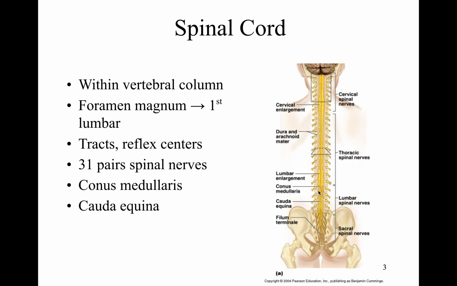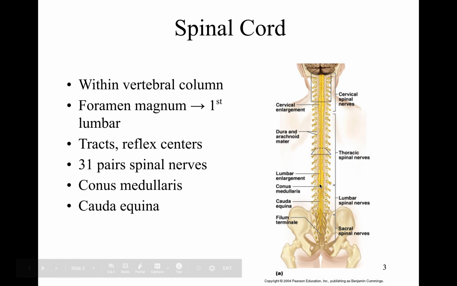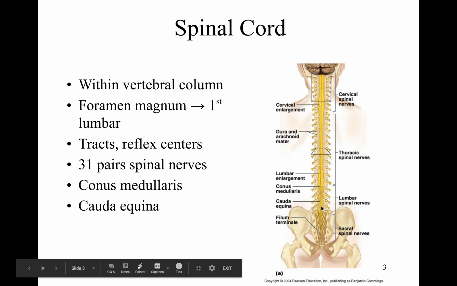However, you'll notice that spinal nerves are still extending down, chasing their exit from the vertebral column. Spinal nerves extend down past the spinal cord, and they exit the vertebral column at their respective intervertebral foramen.